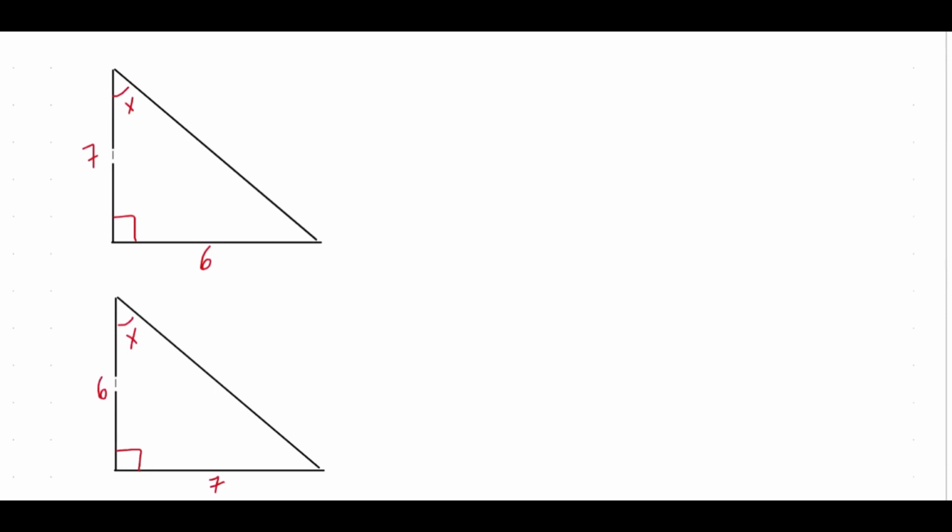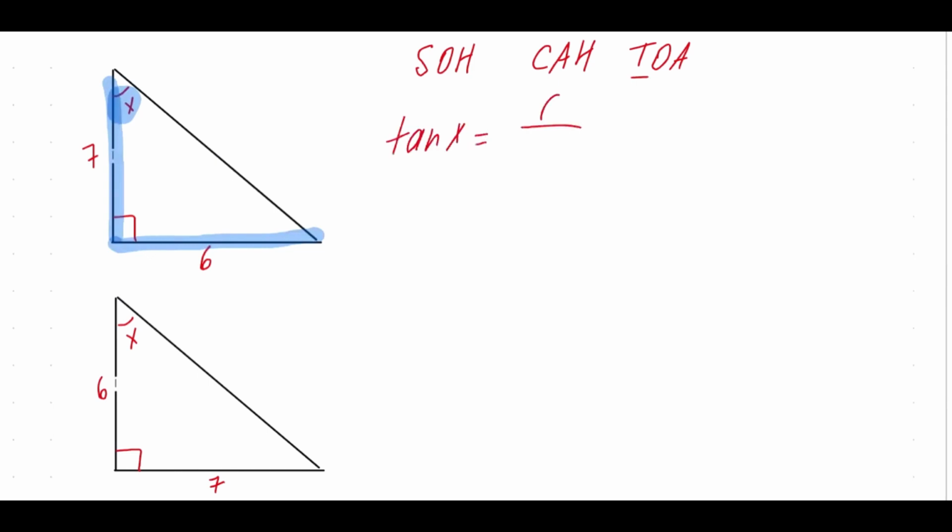Again, I'm going to write the mnemonic on the top and start with the angle. In relation to this angle, what is given? We have the opposite leg and the adjacent leg, so we have to use tangent. Tangent of x equals, using the definition, opposite over adjacent.